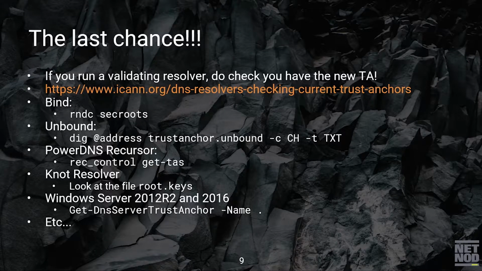You have another 4 hours to go to all your resolvers and validate that your resolvers have already picked up the new incoming key. Okay? Because the incoming key has already been published for quite some time, several months, or at least the last month. I don't actually remember. I'm looking at Johan. Johan, how long is it?